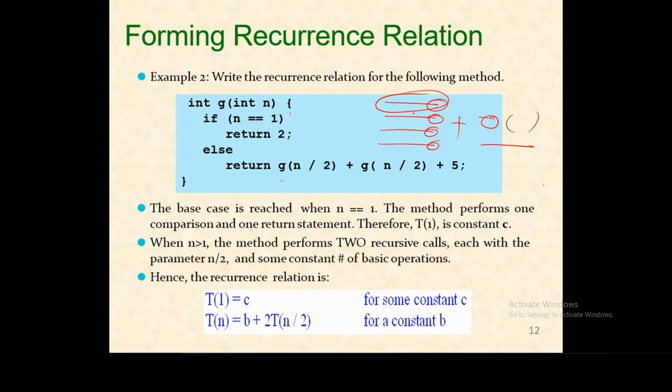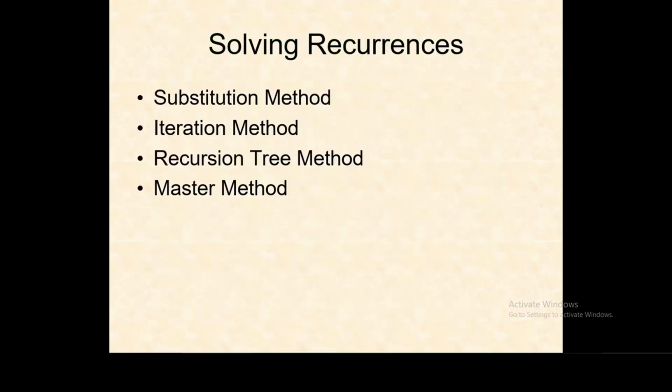So for solving such recursive equations, we have 4 methods. The first one is the substitution method, the second one is the iteration method, the third one is the recursion tree method, and the fourth one is the master method, also known as the master theorem.